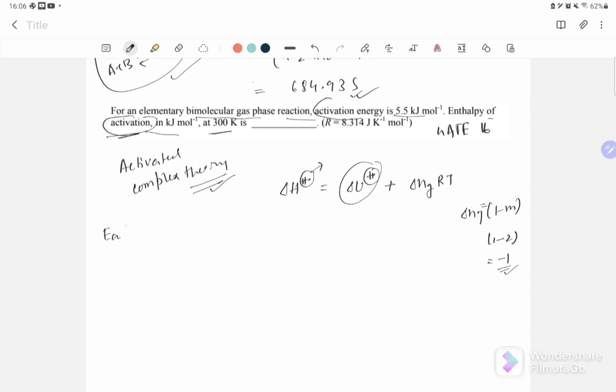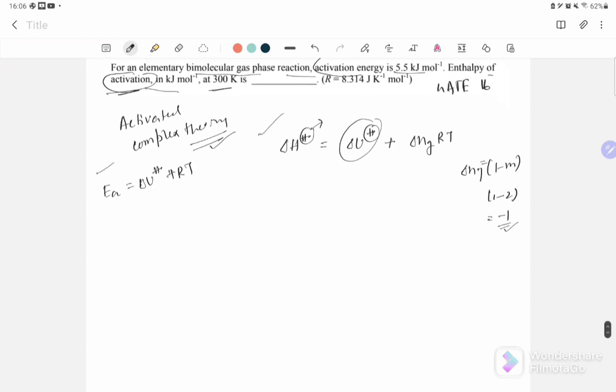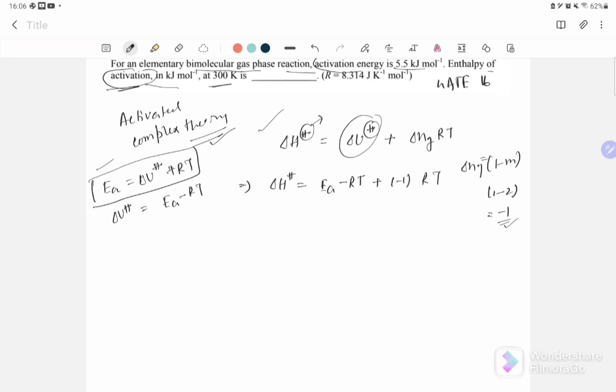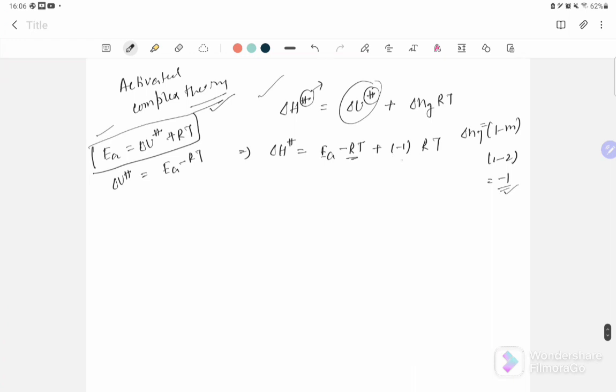that is Ea, the activation energy, equals delta U plus RT. You remember these two equations, so delta U activation is equal to Ea minus RT. Put this here, so delta H is equal to Ea minus RT plus minus 1 RT, so minus 2 RT, that will be Ea minus 2 RT.